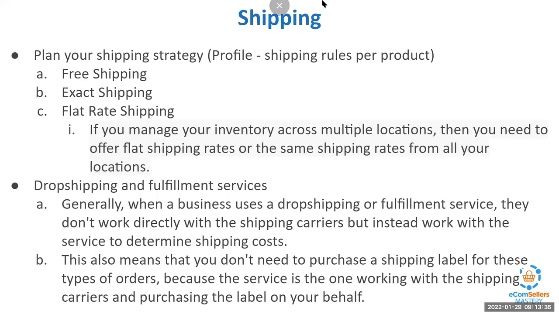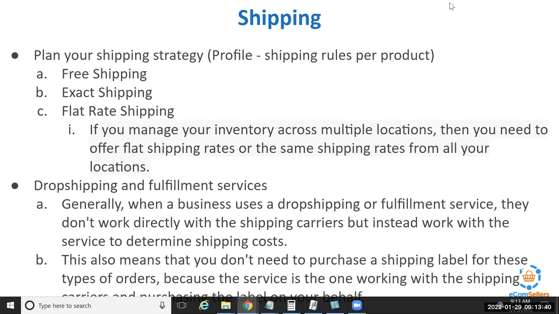Okay, shipping was the next thing on our list. I have to hide the floating controls. Okay, there we go. In shipping, if there's something that you sell on a regular basis and you have some kind of standard shipping configuration, then this is going to be helpful for you. In session 4, I said you need to know where you're shipping your items from.